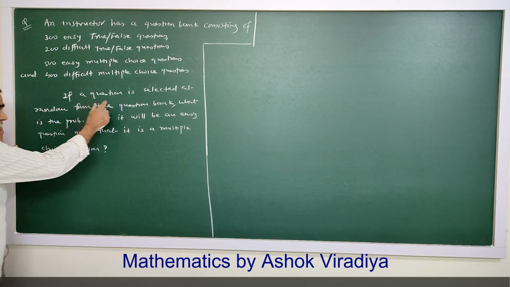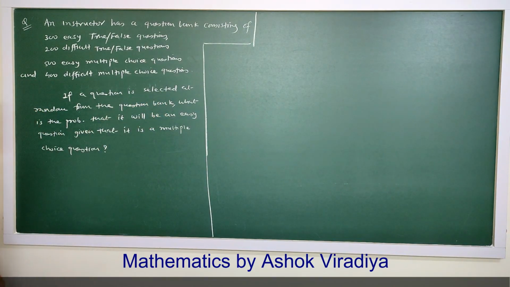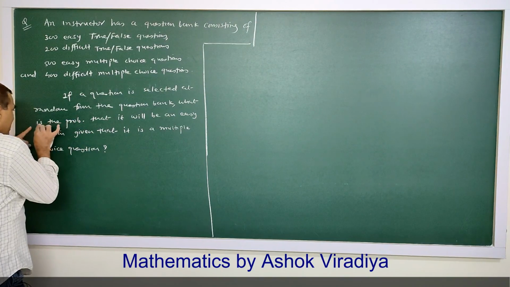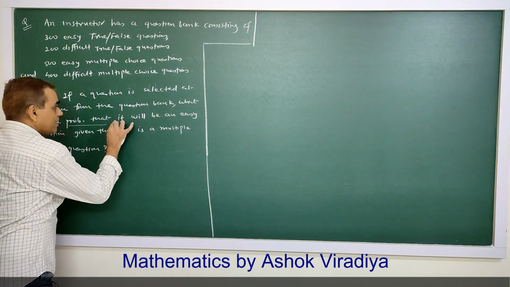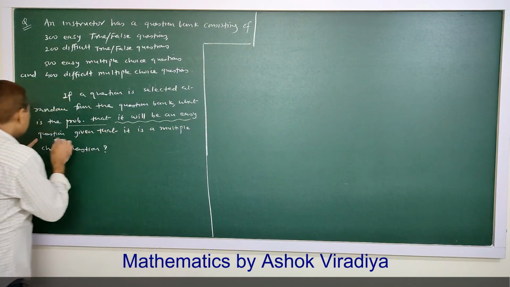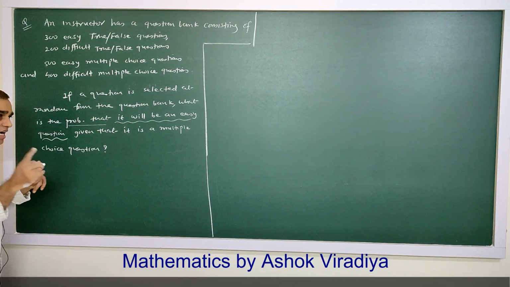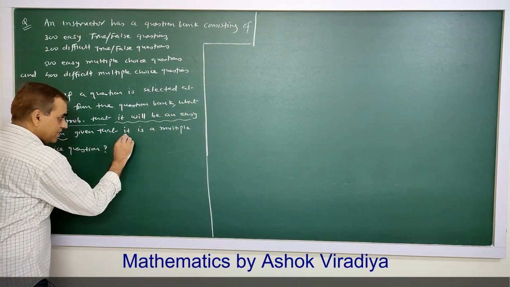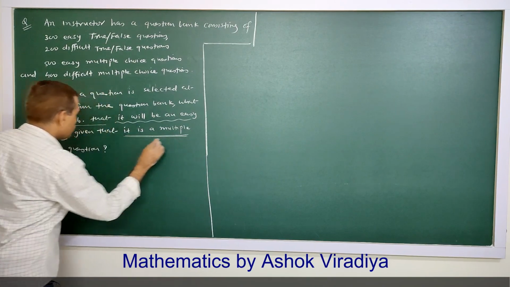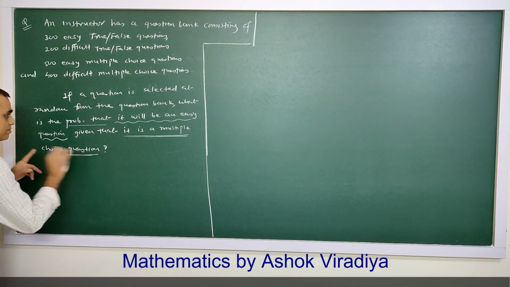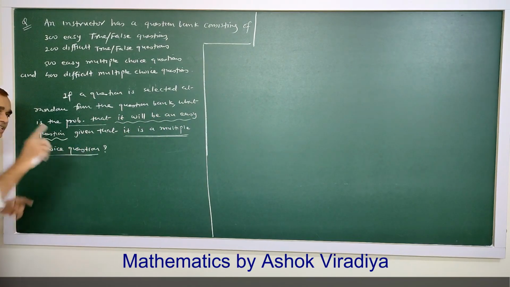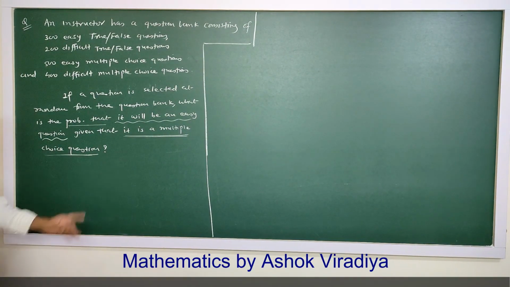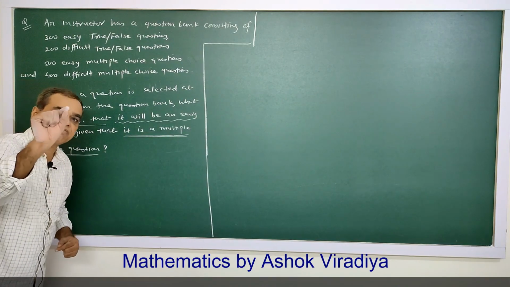If one question is selected at random from the question bank, what is the probability that it will be an easy question? So we are asked the probability of an easy question, given that it is an MCQ. So this is the condition. For these words we take symbol E for the event, and for the given condition we take F.